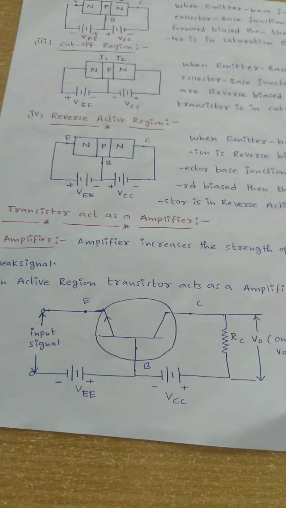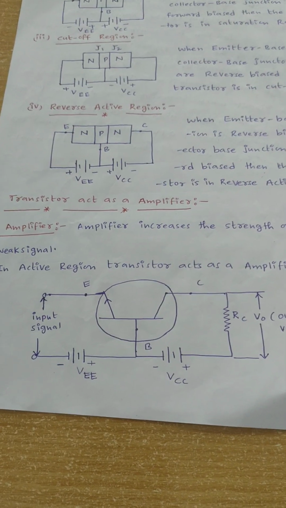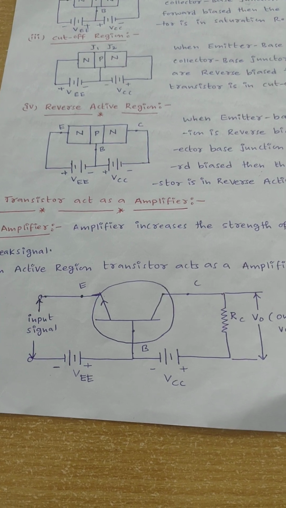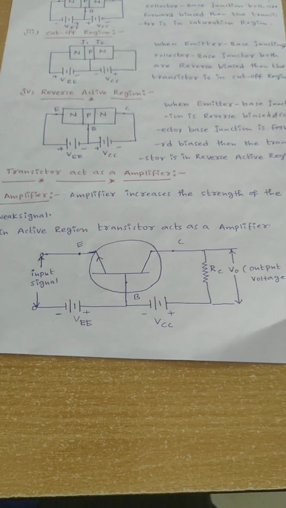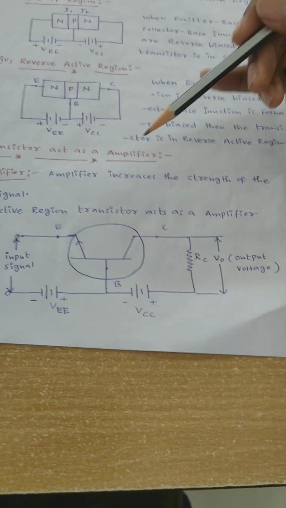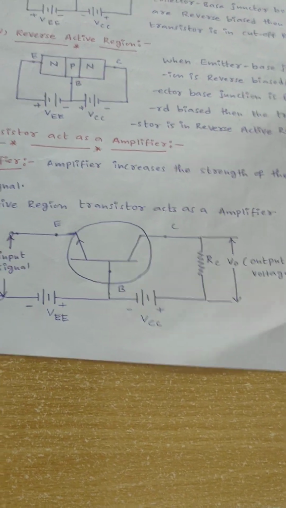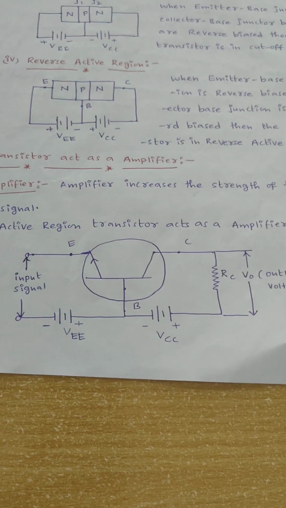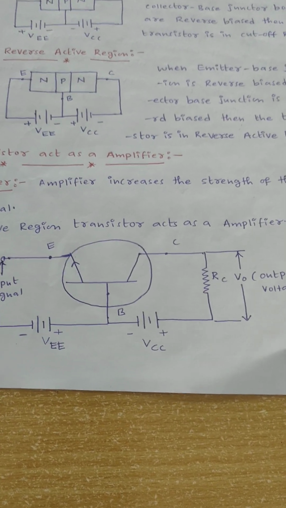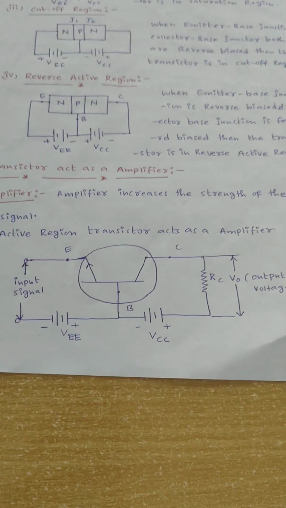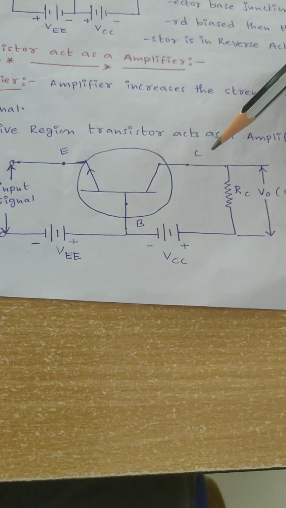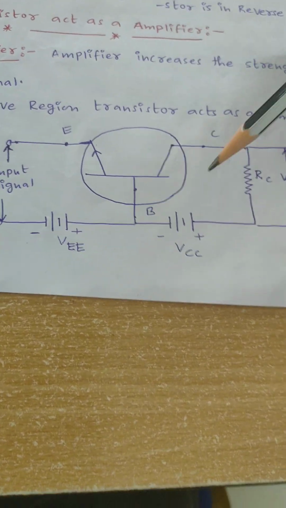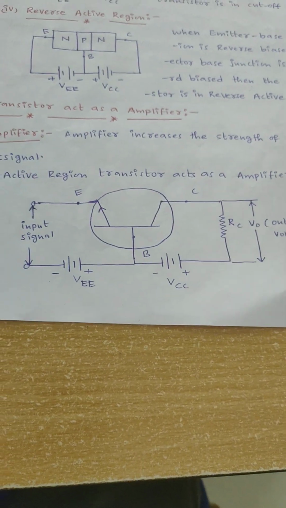Next, we will discuss the amplifier and how a transistor acts as an amplifier. First, the amplifier. An amplifier increases the strength of a weak signal. That is the purpose of an amplifier. Now see the configuration. Here is the schematic arrangement of the common base configuration.